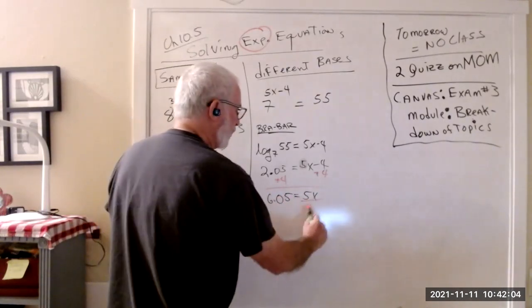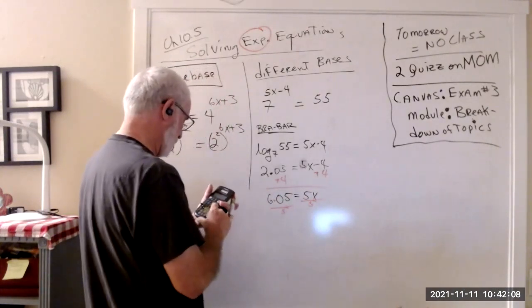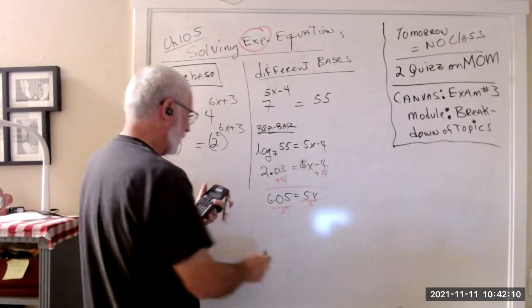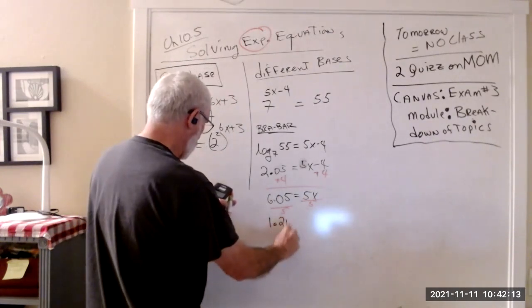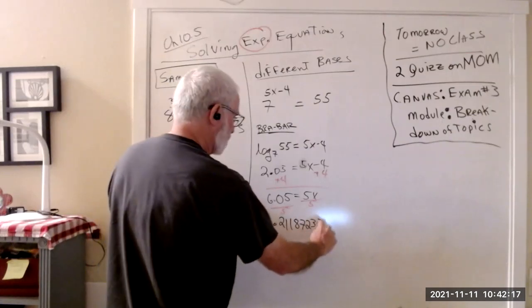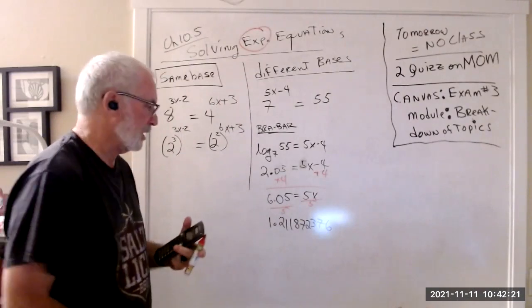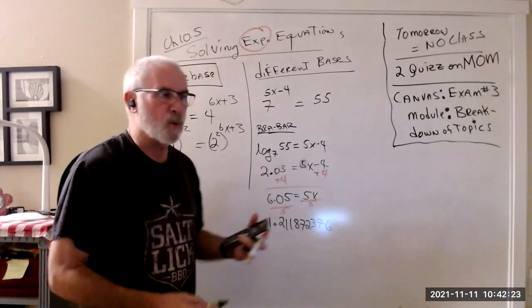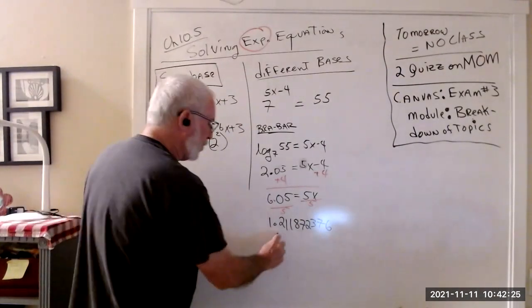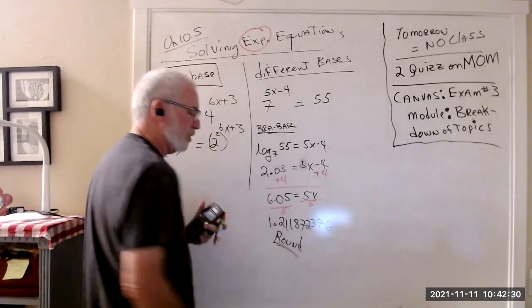So now I'm going to divide by 5, and I get 1.211872376. That's on my calculator. At this point, you go back and read whatever the directions say and tell you how to round.